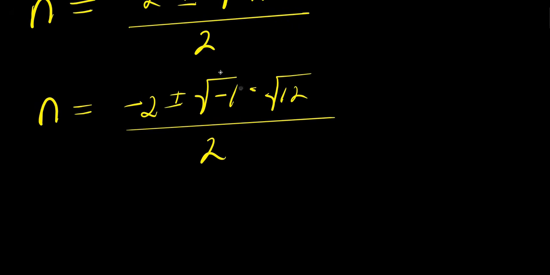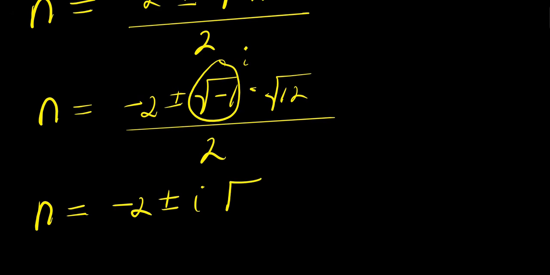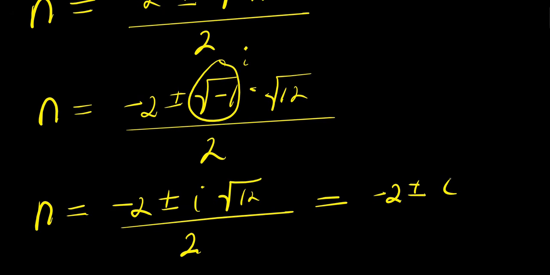So I can replace this with i. I have n equals -2 plus or minus i times square root of 12, divided by 2. And this equals -2 plus or minus i times square root of 12, which is 4 times 3, divided by 2.